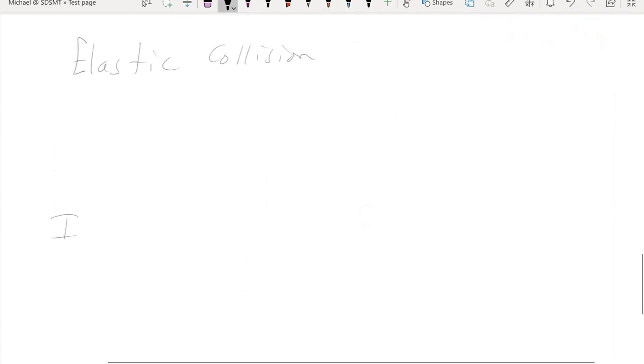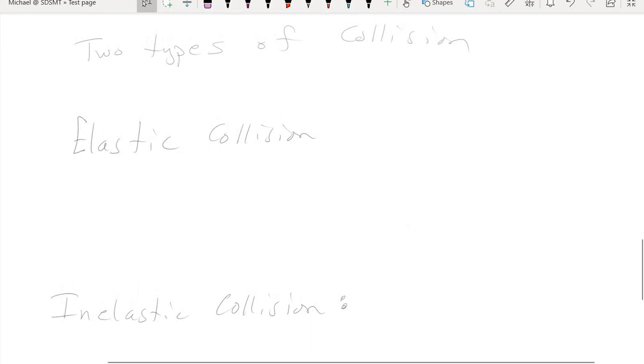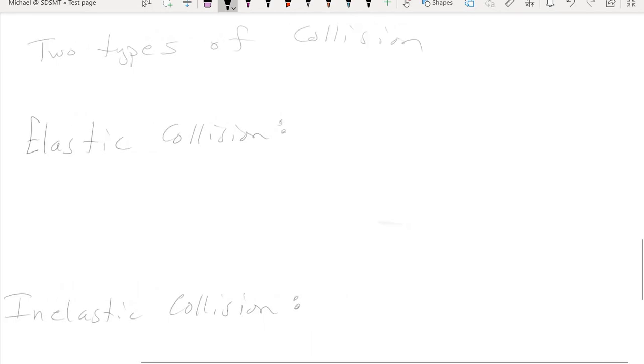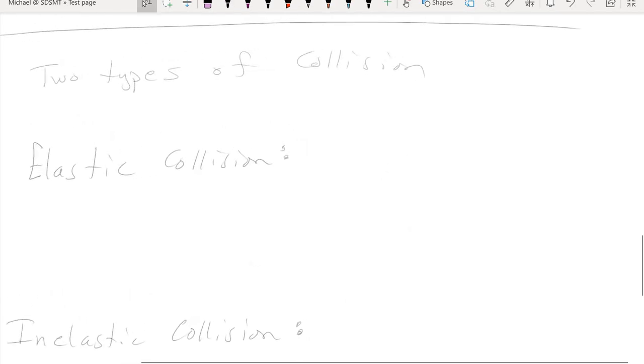The second is an inelastic collision. And once we get the definition of one, the other is pretty self-explanatory. But an elastic collision is a collision where mechanical energy is conserved.